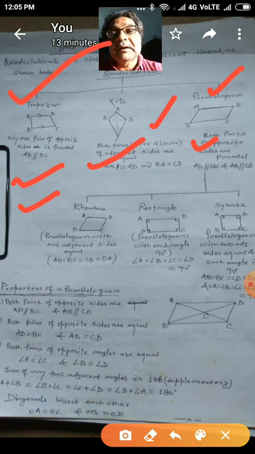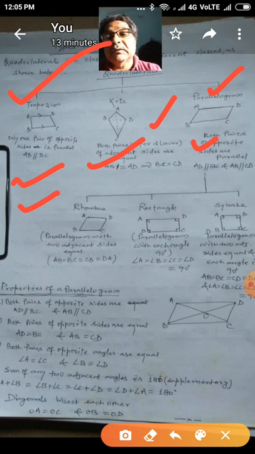Since parallelograms are again in more numbers, having different design shapes, so again it is needed to classify parallelograms into different categories. So now come to this parallelogram. Parallelogram is divided into three different categories.